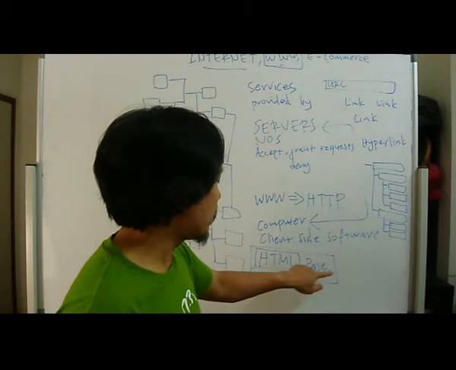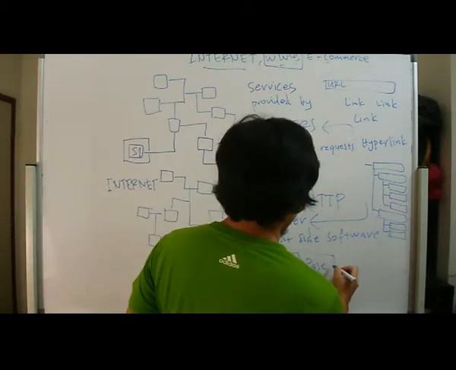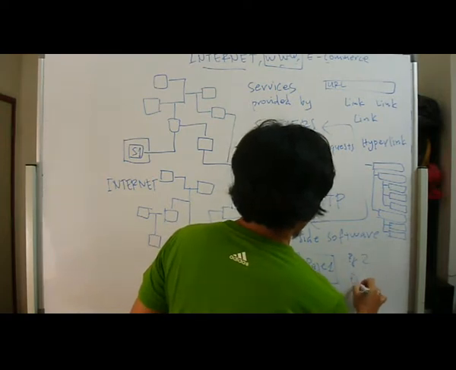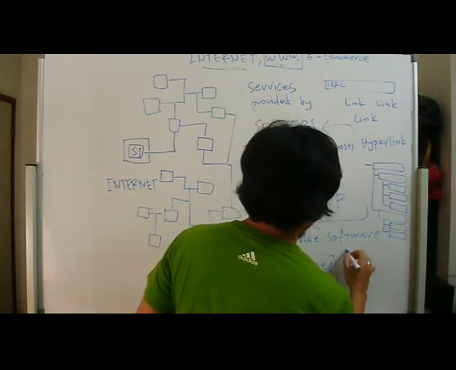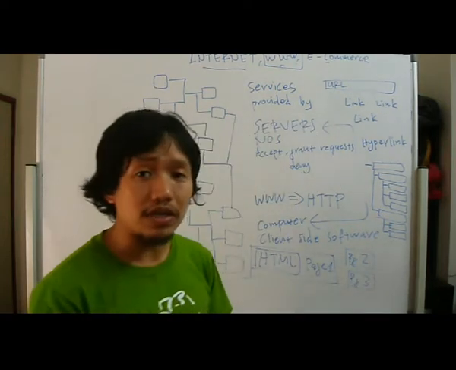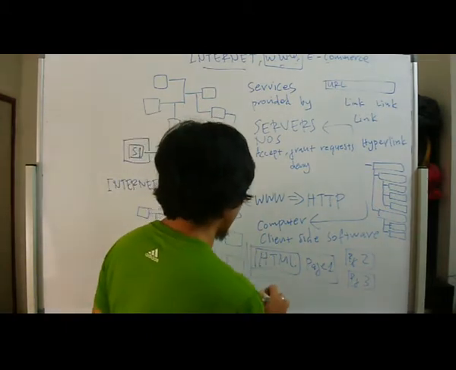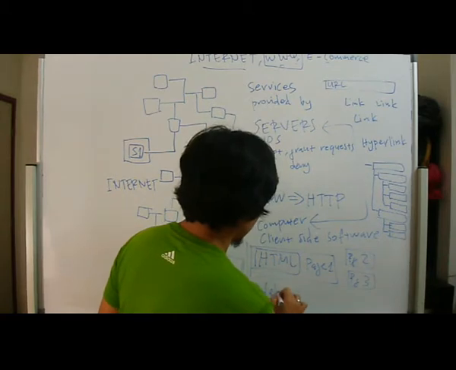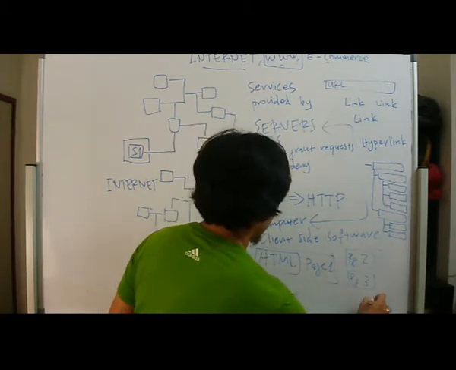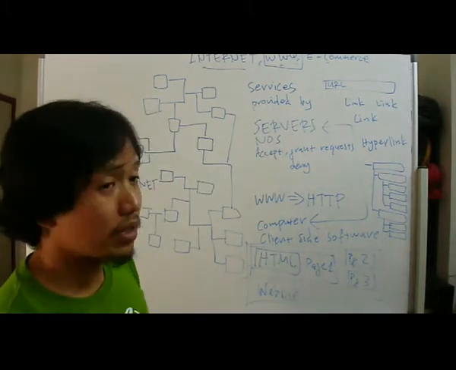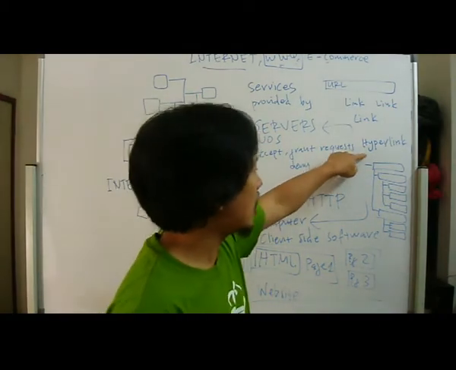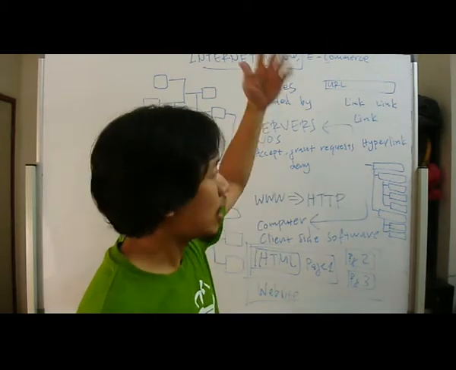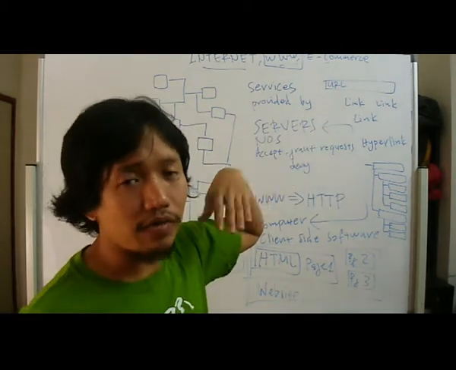So you have several pages. Let's say this is page 1, page 2, page 3. You have several pages, and we call this whole thing a website. Inside a website, we will have hyperlinks to go to other pages, as well as to go to a different URL, to a different website.